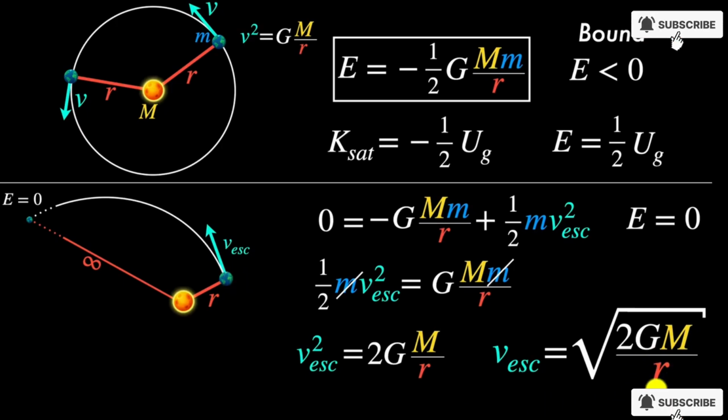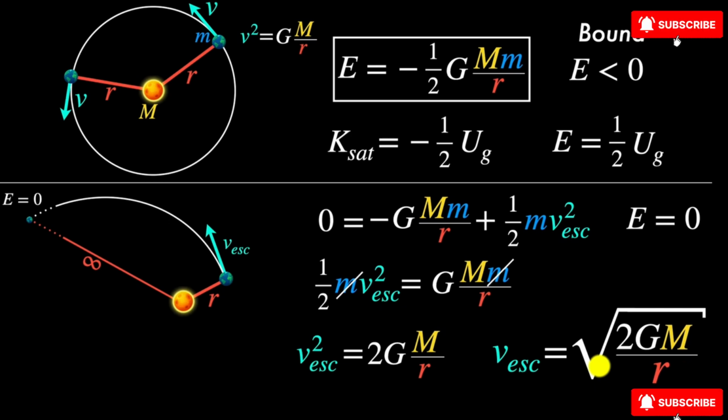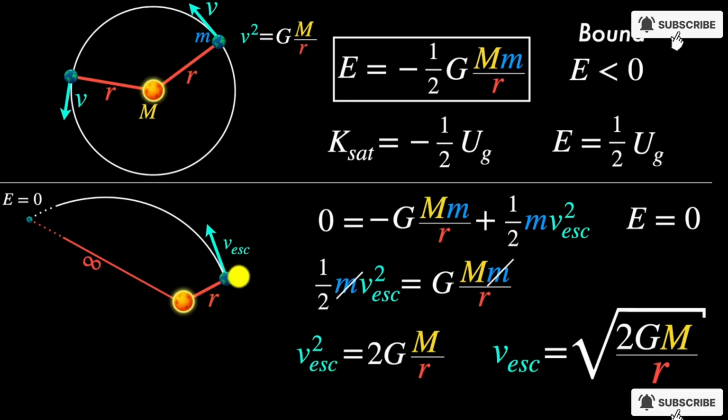So in that case, the small r just becomes the radius of the planet, or the star from which you're trying to escape. So if you plug the values in for Earth, you will find the surface escape speed to be 11.2 kilometers per second. That's the minimum speed with which you need to kick an object from the Earth's surface so that it never returns back to Earth. Of course, all of that is assuming no atmosphere and drag and all that stuff.